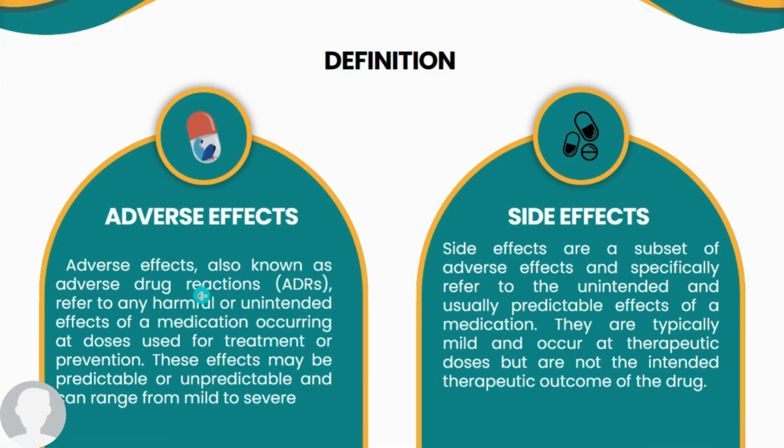Adverse effects may be unintended or intended, while side effect is a subset of adverse effect and usually unintended and predictable. Adverse effect may be predictable or unpredictable, but side effects are usually predictable.